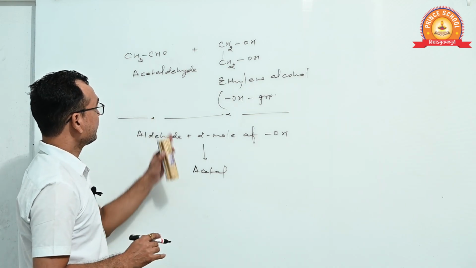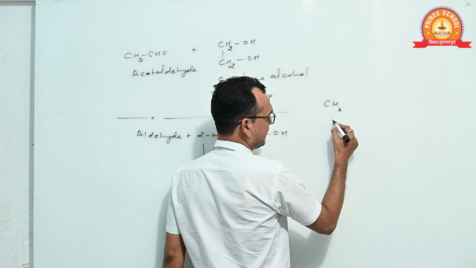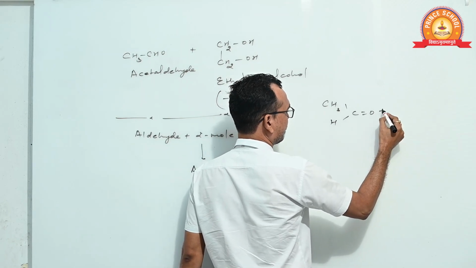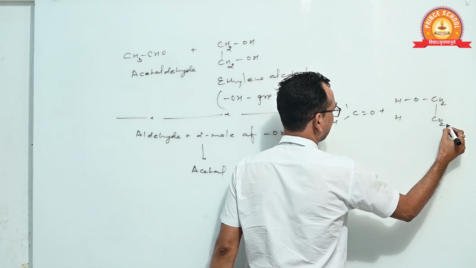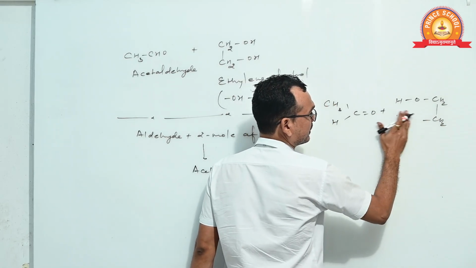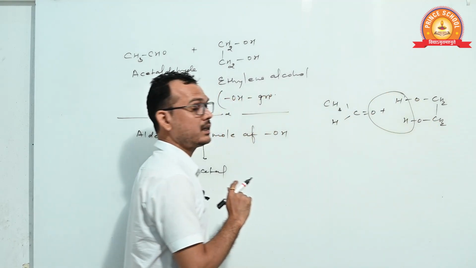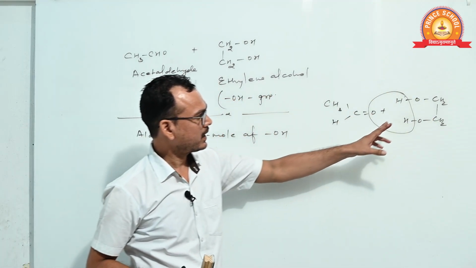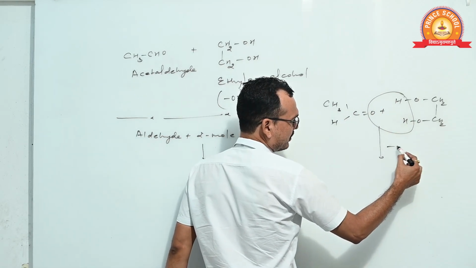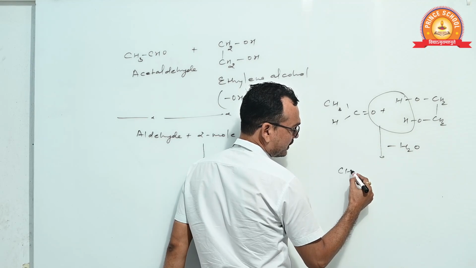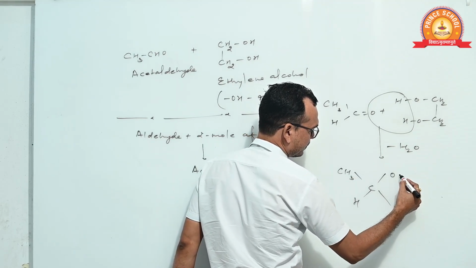So we write the reaction mechanism. CH3CHO, C double bond O, plus H, O, CH2, CH2 and H. Sorry, CH2, H and this OH. And where will the reaction happen? From the oxygen, and the alcohol provides the 2 hydrogens. Clear? This is minus H2O, CH3, CH and oxygen.